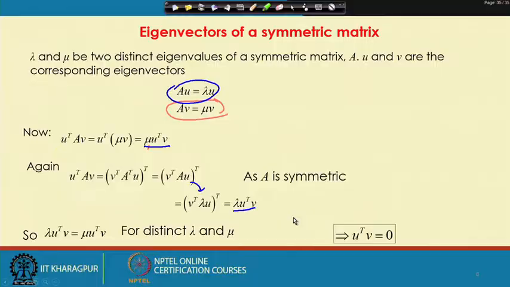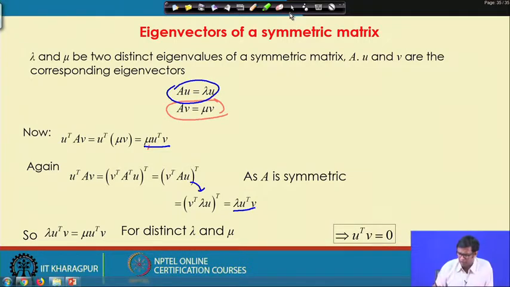So, what we obtain is that for a symmetric matrix, u transpose v is equal to 0. So, the eigenvectors associated with distinct eigenvalues are orthogonal.